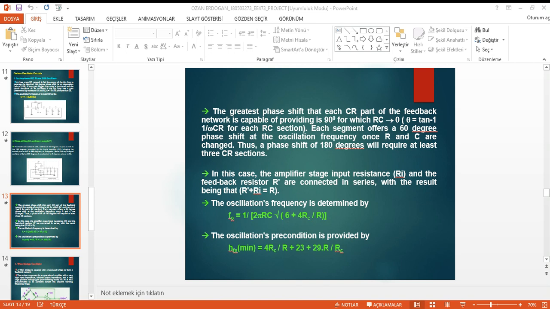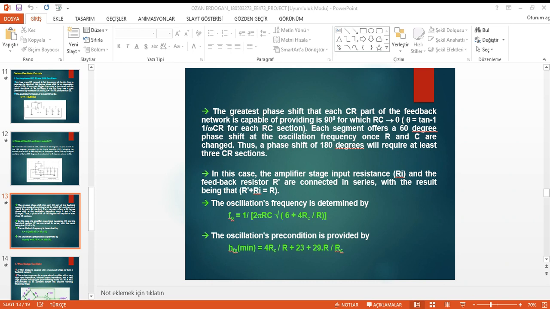Also, due to the negligible impedance offered by the RA-CA combination, it also has no effect on AC operation.